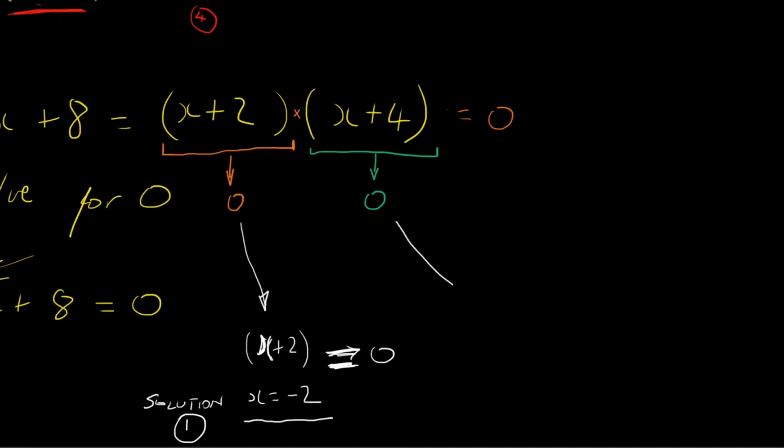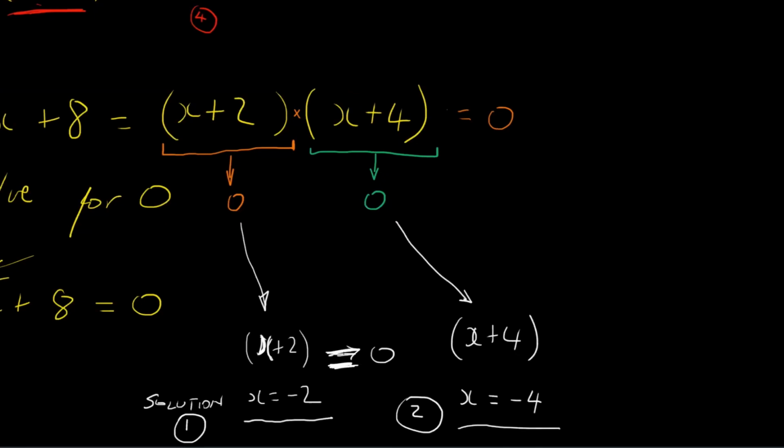Perfect. But I've got two expressions. I've got an expression called x plus 4. And if I wanted that to be 0, what would x be? Minus 4. You guys are excelling. It has to be minus 4. And this is solution number 2. And this is how you solve these equations.